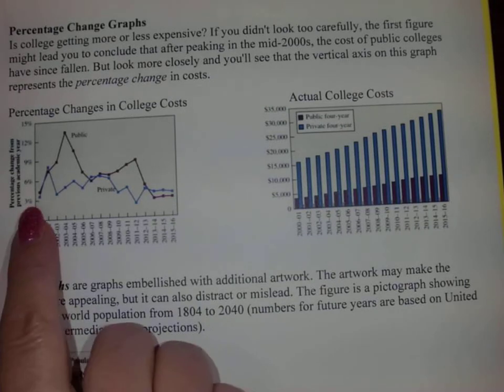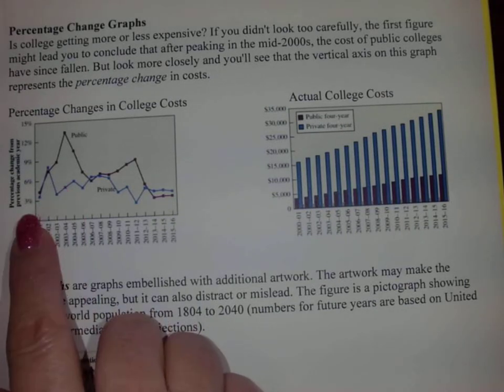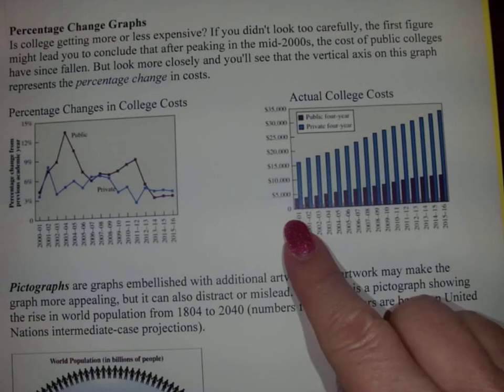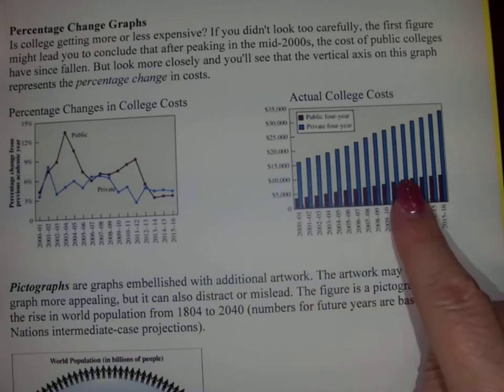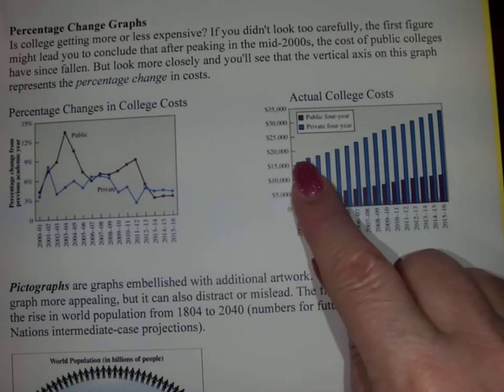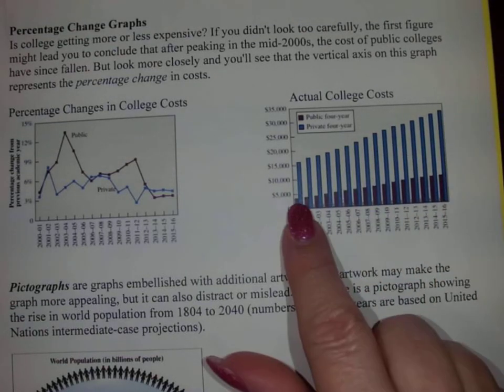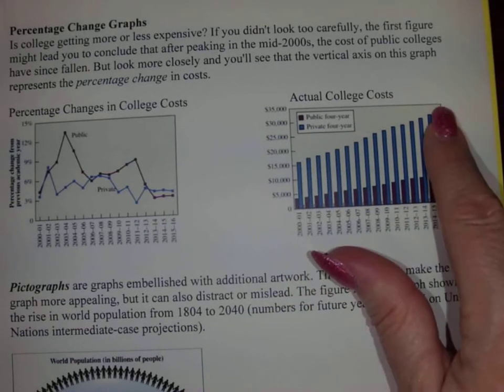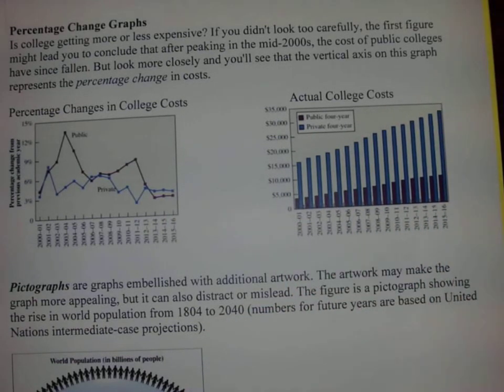When we look at this scale here, it looks completely different than when we look here. If we look over here, we see that the costs are increasing. Now, public is not increasing as much as private did. We've got a little bit more slope going on there.